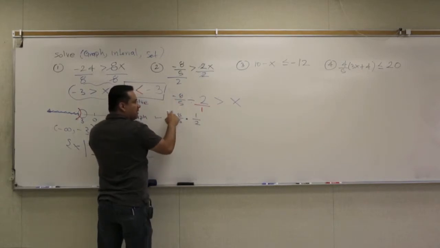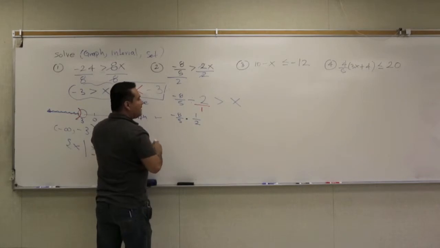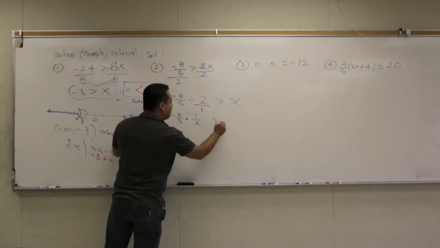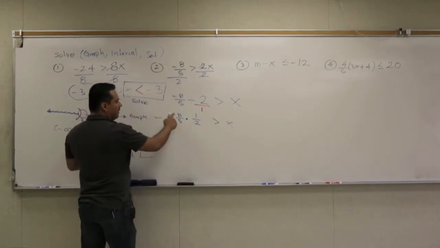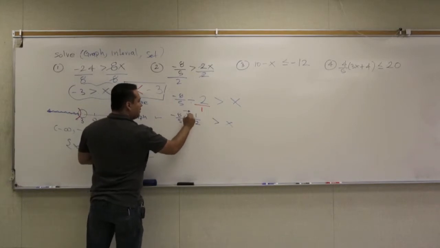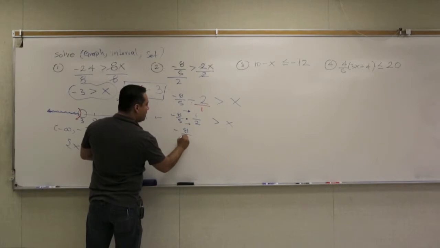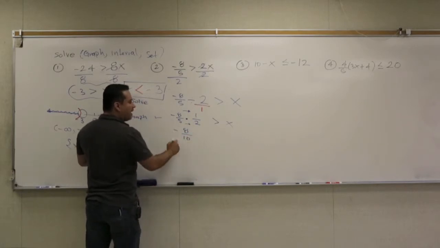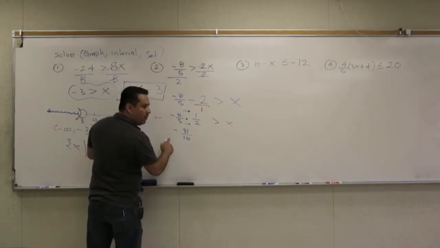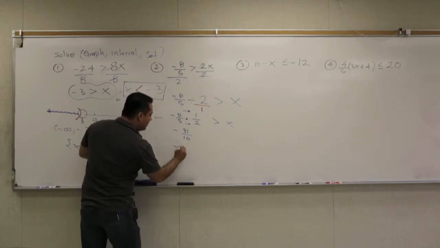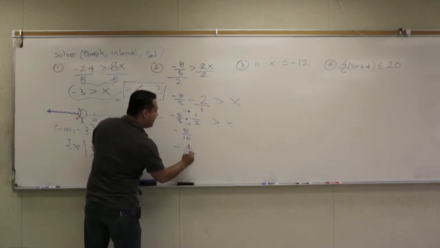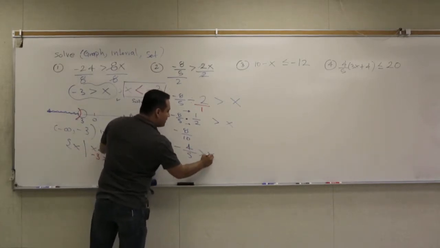Keep the left fraction the same, multiply, flip the second fraction. That is still, by the way, greater than x. Okay, good. How do we multiply fractions? Straight across. We got negative 8 over what? 10. What do you simplify that as? Negative 4 what? Fifths. So you got negative 4 fifths greater than x.